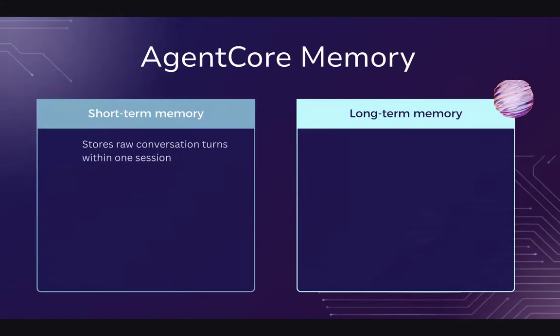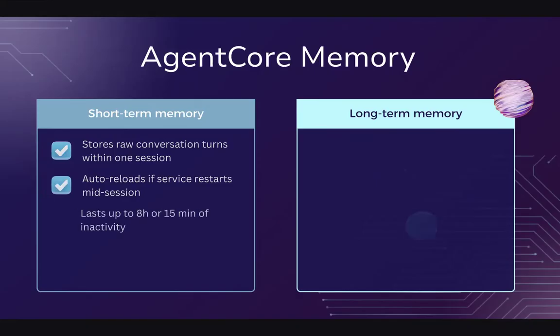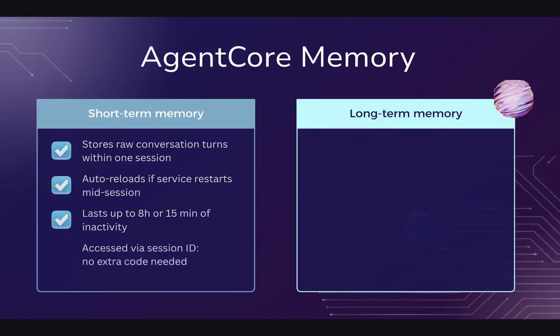The short-term memory stores the raw conversation turns within a single session. If the service restarts or the server stops anyway and comes back, the agent reloads the full conversation exactly where it left off. This lasts up to 8 hours, and you access it simply via session ID.